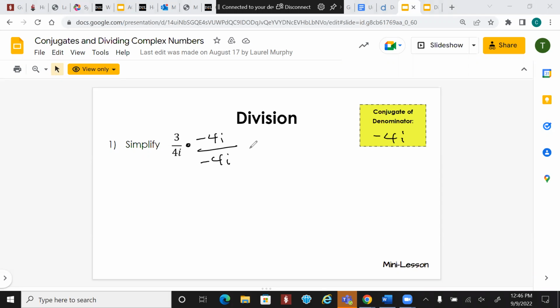Now, I know we don't like to multiply fractions, but when we do, we multiply across the top, and then we multiply across the bottom. So 3 times -4i is what? -12i. In the bottom, we have 4i times -4i, which gives me -16i squared.